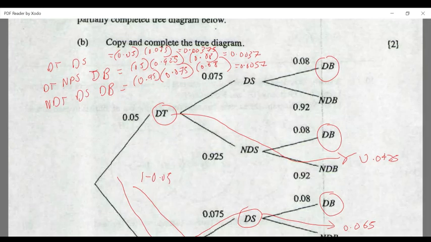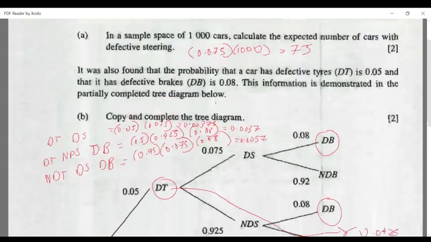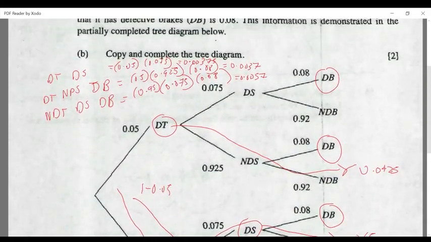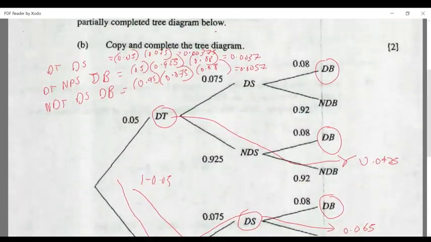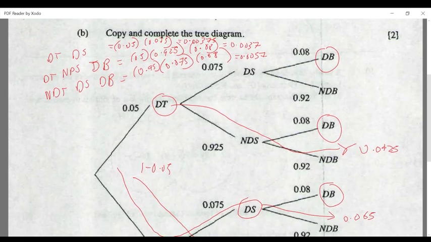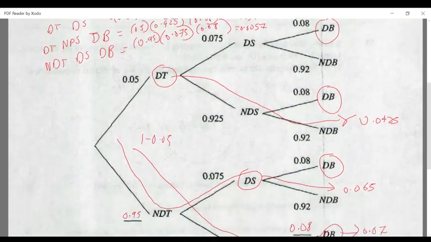So this one is 0.05 times 0.075 times, okay, oh, sorry, so this is actually only defective brakes. So that means that you follow the route of right here.